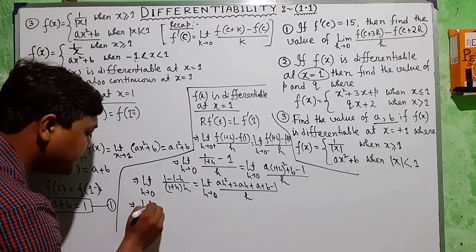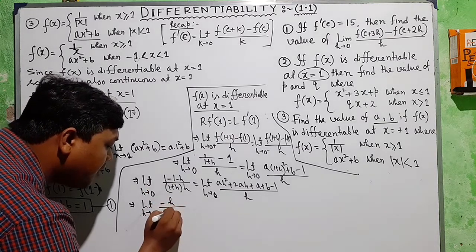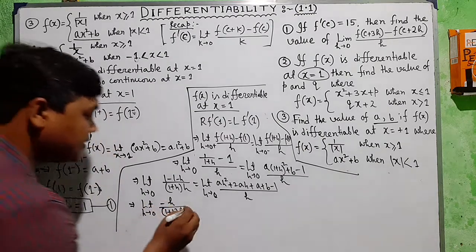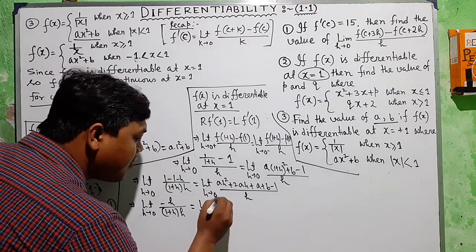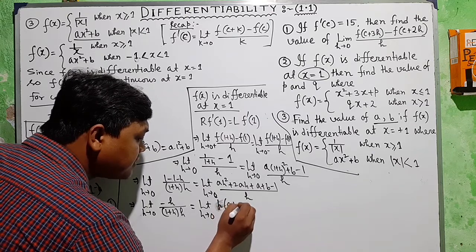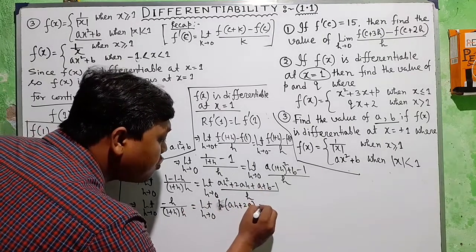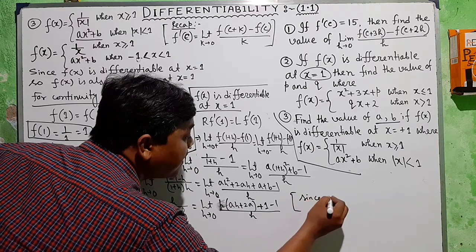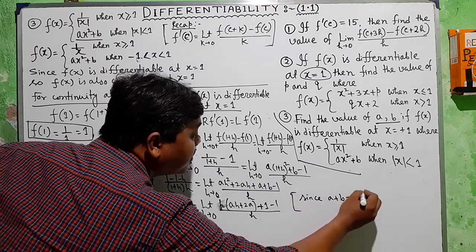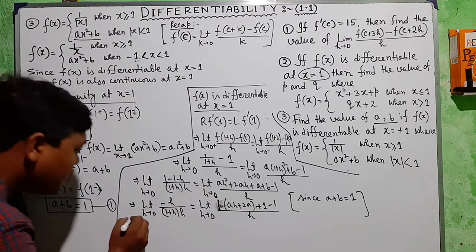So that gives limit h tends to 0, 1 minus 1 cancel, so minus h by (1+h) into h, and limit h tends to 0, taking h as the common part, ah square plus 2ah, and a plus b equals 1 minus 1 by h, since a plus b equals 1 from the continuity equation, so h is cancelled.